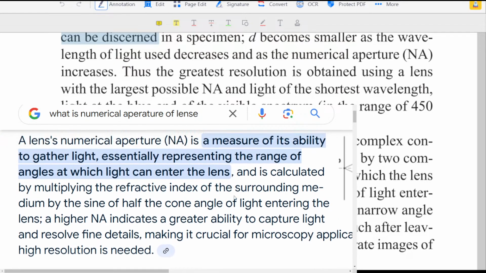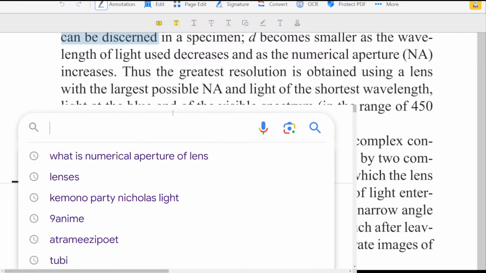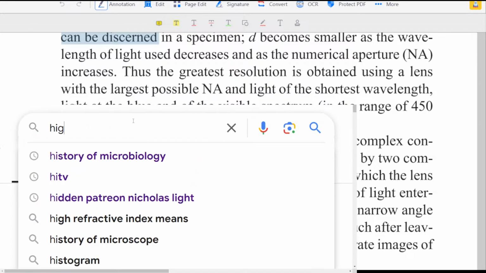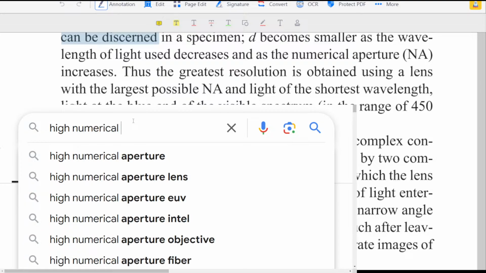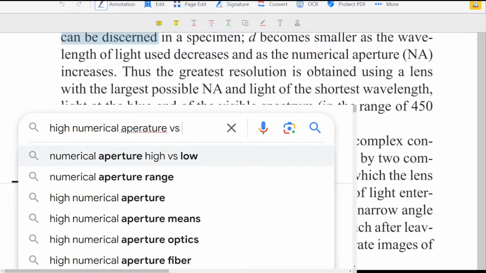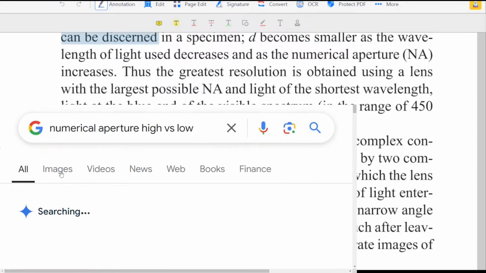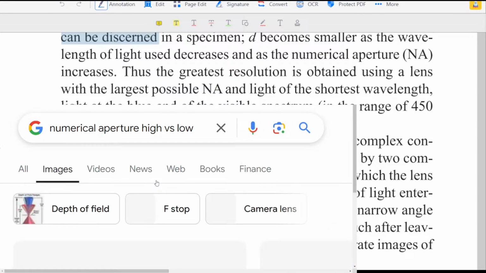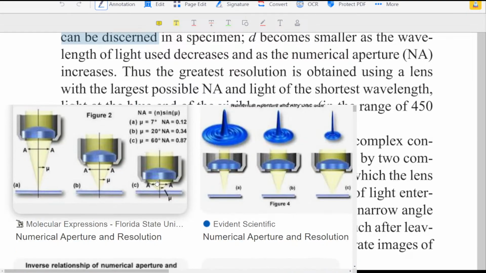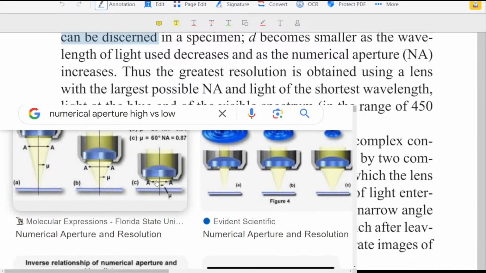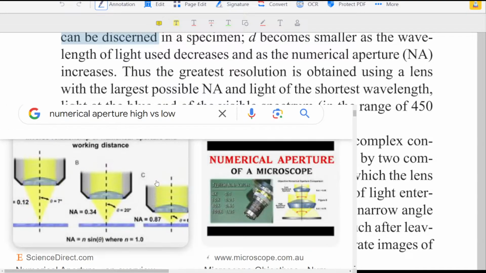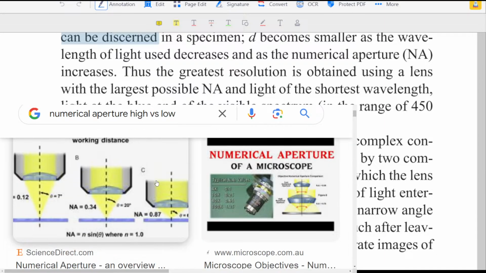Is there a high numerical aperture versus low? Let me see it in the diagrams, if you know. What is this? How do we know which one works fine?